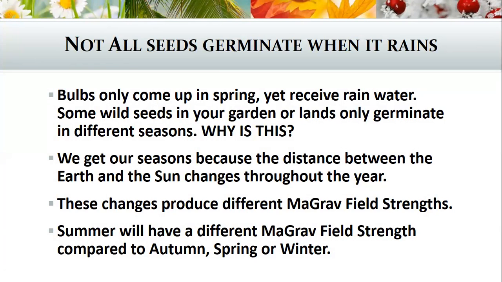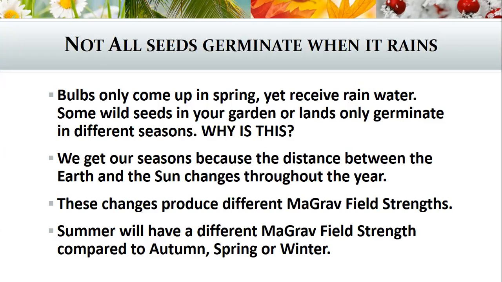When we look at bulbs, they only come up in springtime, yet they receive rainwater in wintertime and every other time of the year, but they don't start germinating until the springtime. So one has to look at the condition of the warmth from the soil that could activate these bulbs.